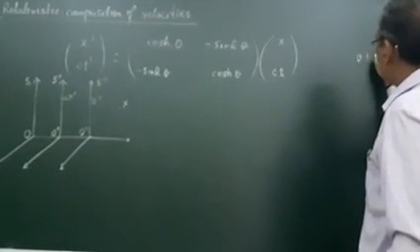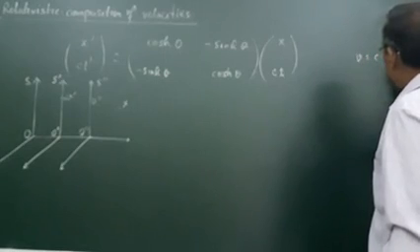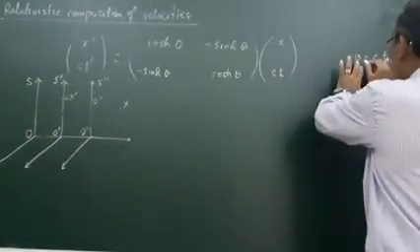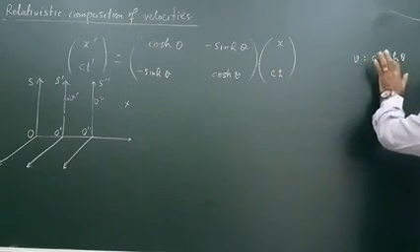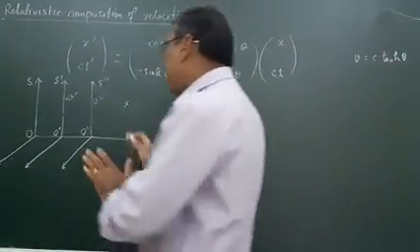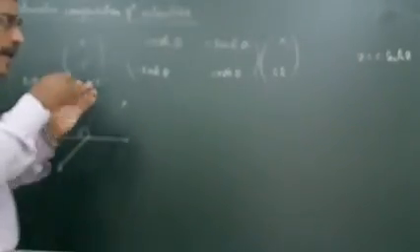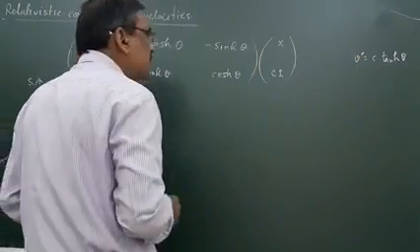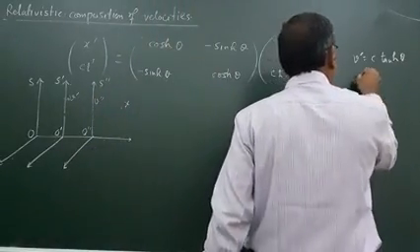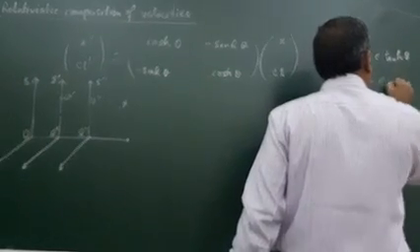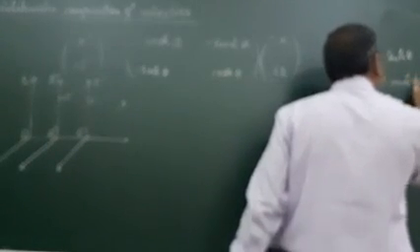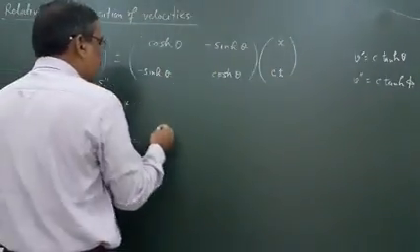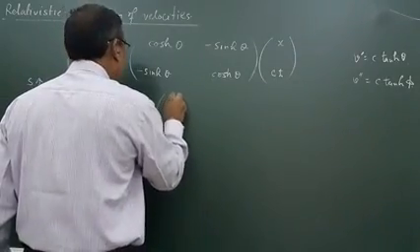v is equal to c tan hyperbolic theta. If this frame is moving with respect to this with velocity v, then v will be equal to c tan hyperbolic theta. Now, if this frame is moving with respect to this with velocity v dash, I can write v dash will be equal to c tan hyperbolic phi. Then the relation between second and third will be given by x double dash.